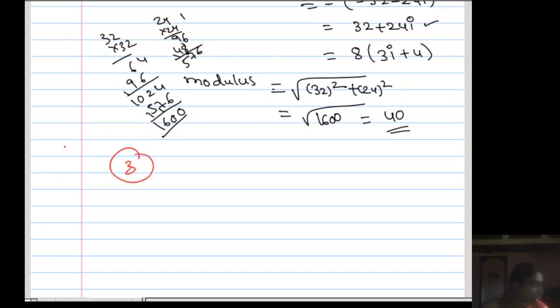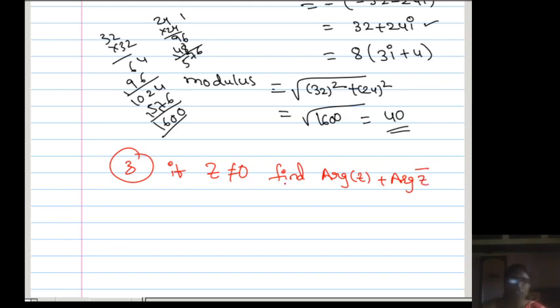Third question. If z is not equal to 0, find the argument of z plus the argument of z bar.